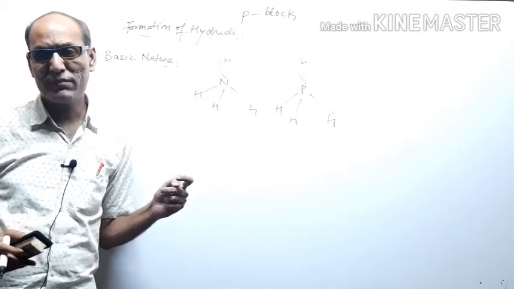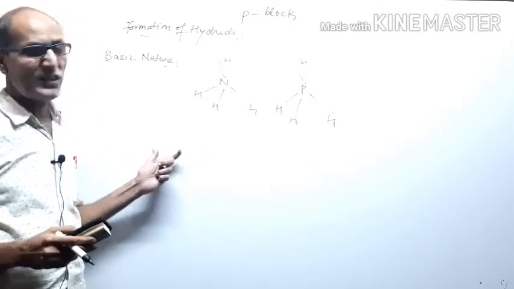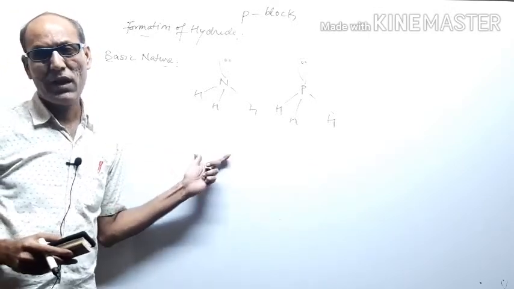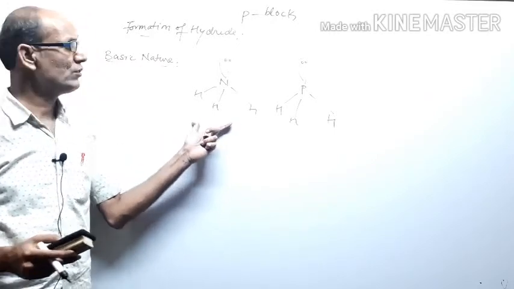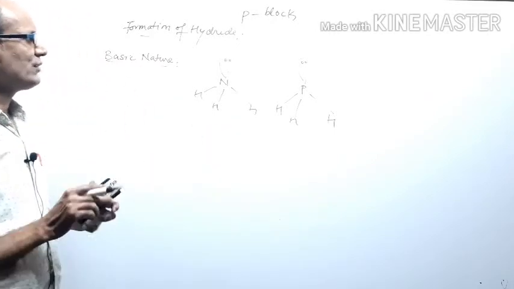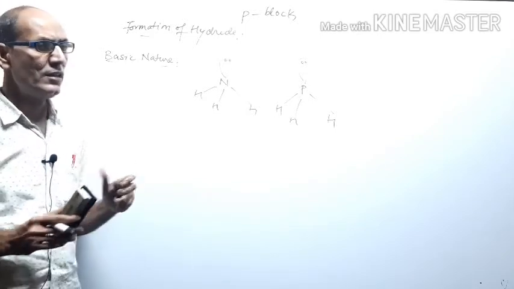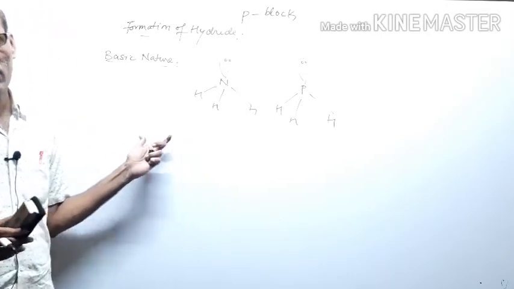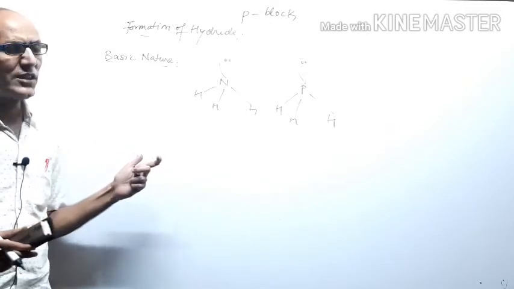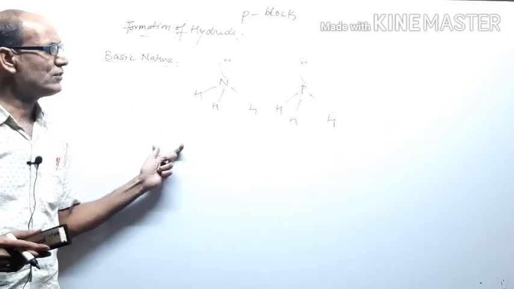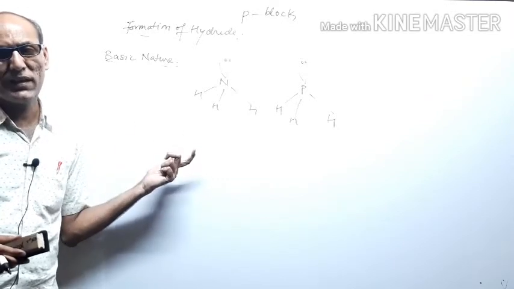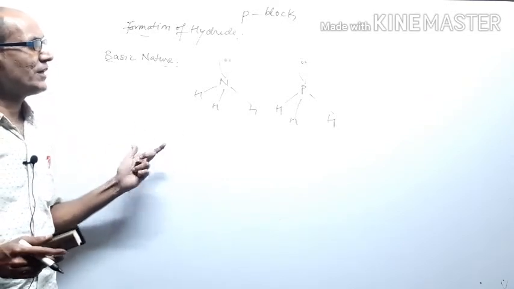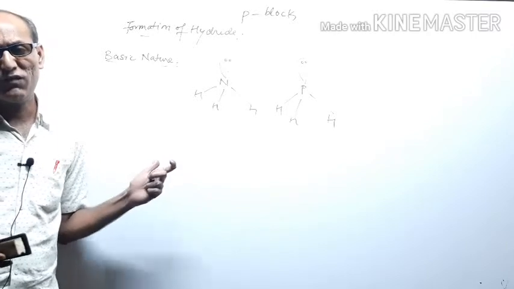But on moving down, the basic nature decreases. Ammonia is the strongest base of the group 15 hydrides. Arsine, bismuthine and stibine contain a lone pair of electrons but have less tendency to donate the lone pair because of the inert pair effect.